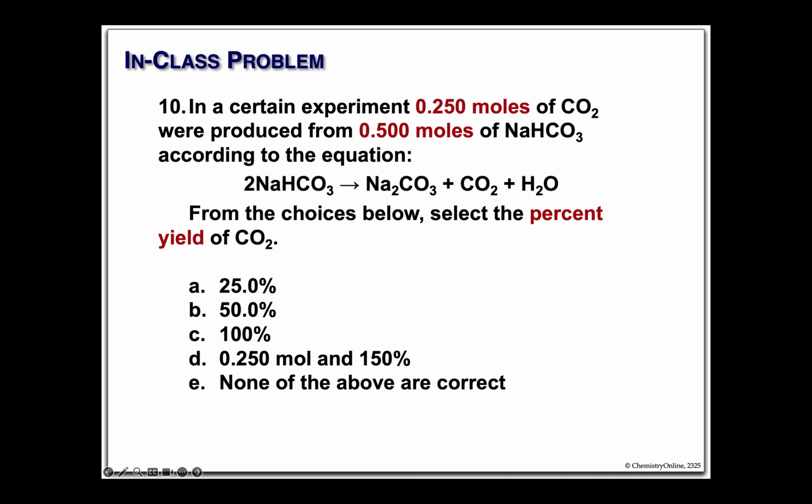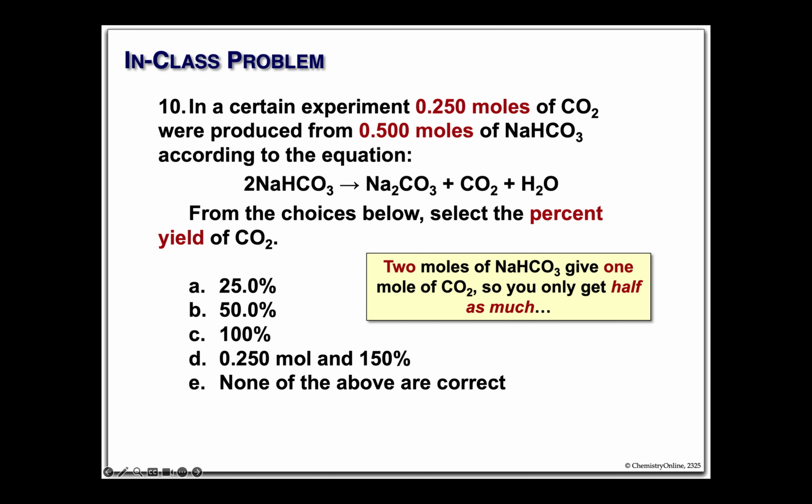Well, we kind of did this in lab, didn't we? We took sodium hydrogen carbonate, heated it up, got solid sodium carbonate, CO2, and water. In this particular experiment, 0.25 moles of CO2 were collected when we started with half a mole of sodium hydrogen carbonate. Now, the stoichiometry here. 2 moles of sodium hydrogen carbonate give 1 CO2.